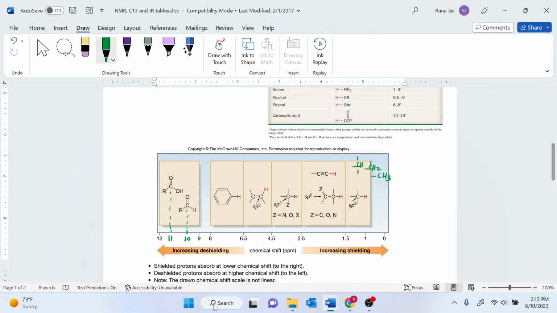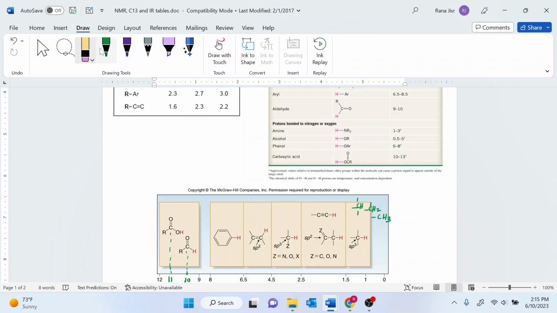It can extend to 12 parts per million, but normally if you see a signal at 11 and beyond, this is going to be a carboxylic acid, and it is the hydrogen connected to the oxygen. And if you see a signal at 10 parts per million, then it's going to be that of the aldehyde. Both of these signals are going to appear as one peak. So you're going to see them as a singlet. Singlet means one peak. Now, if you have an amine, you are looking at this region in here.